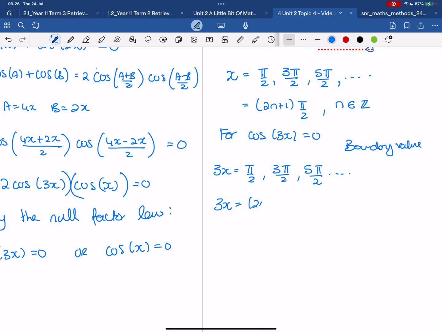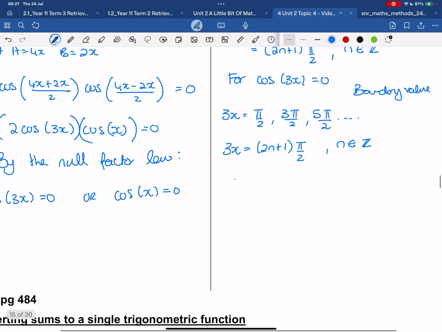So 2n plus 1 times pi on 2, where n is an integer. And that means that x is going to have to be 2n plus 1 times pi on 6. So that's my second lot of solutions.